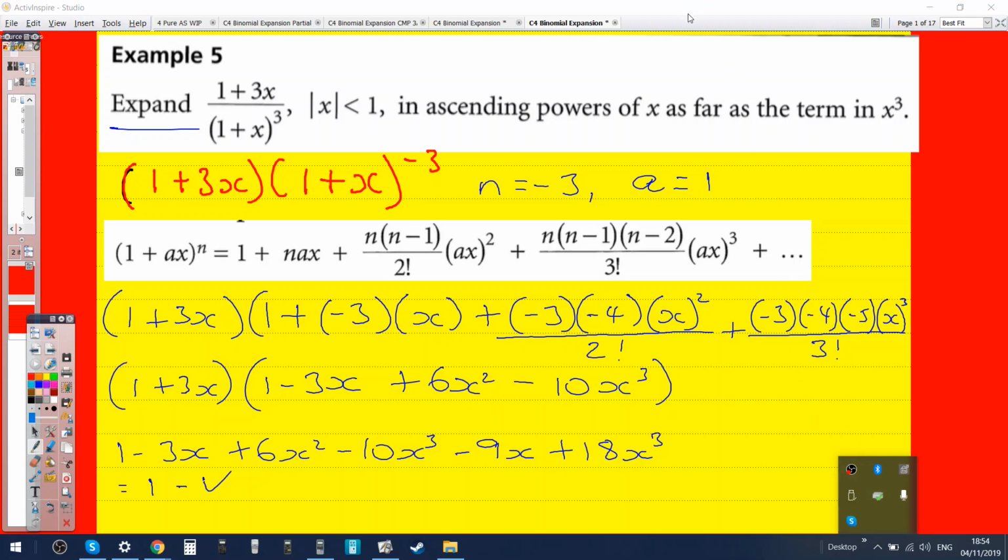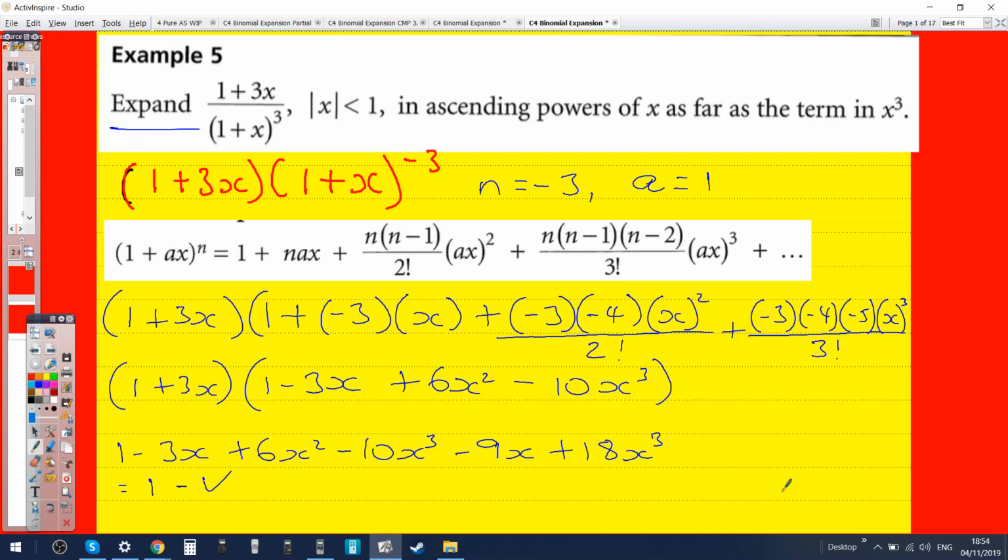Yeah, you're back. Yes. So what would you do if they asked you just find the coefficient of the x cubed term? I can hear you. Can you hear me? Yep, I can hear you now. What would you do if they asked you for the coefficient of the x cubed term? Then I'd say 8.